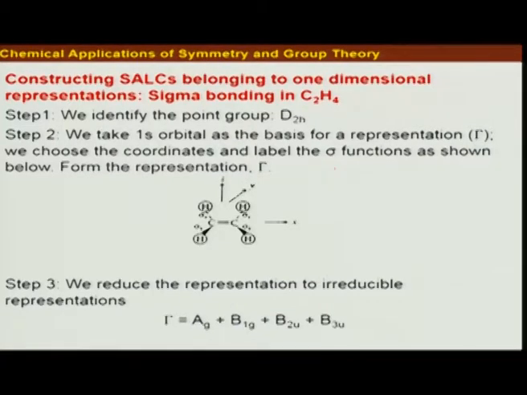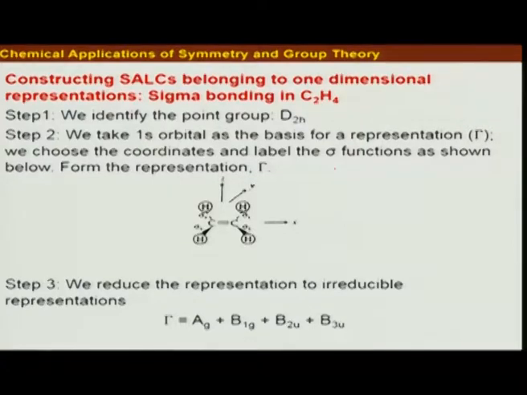So we will start with the construction of SALCs in particularly this ethylene molecule, C2H4, and we will particularly concentrate on the sigma bonds, meaning the CH bonds, right? All right.